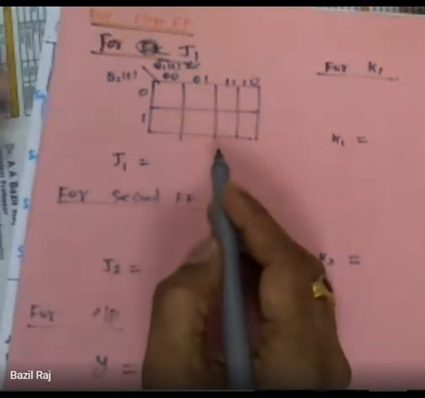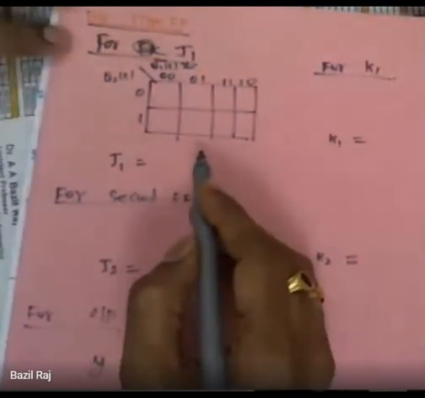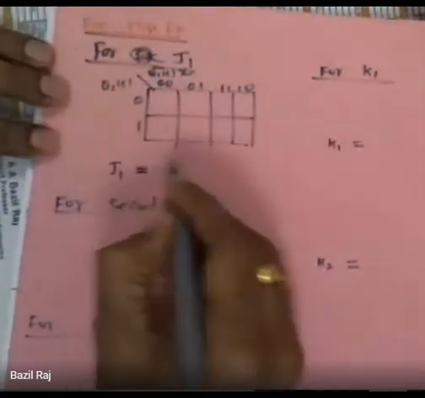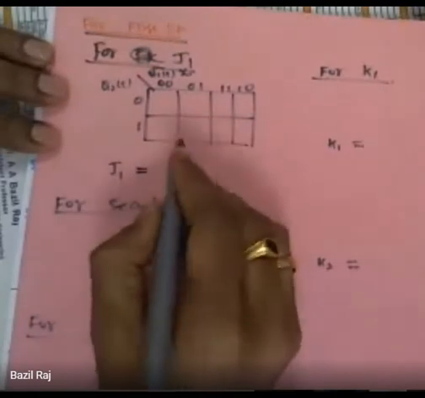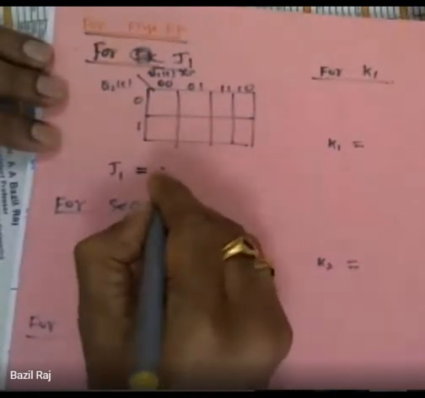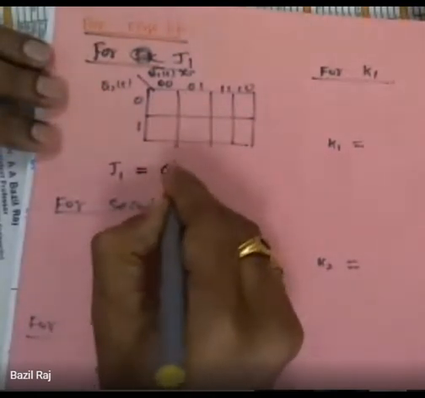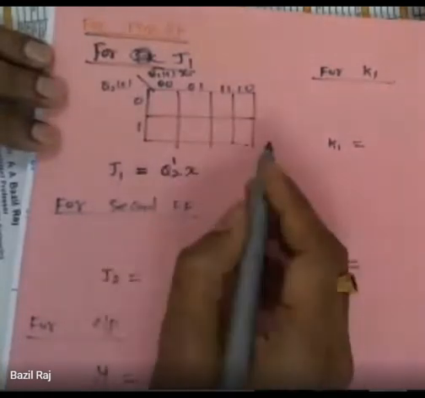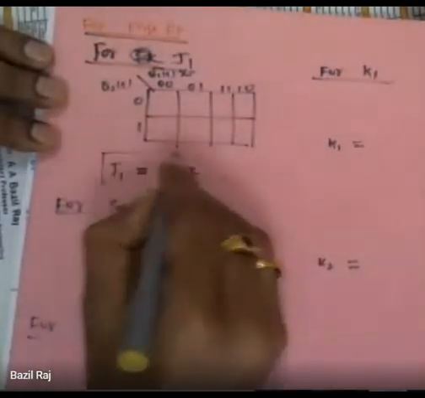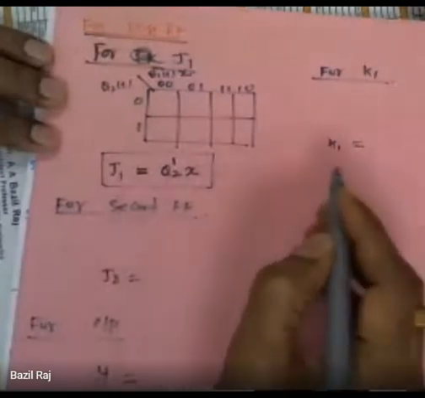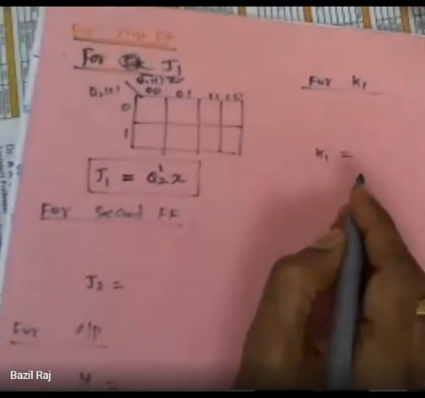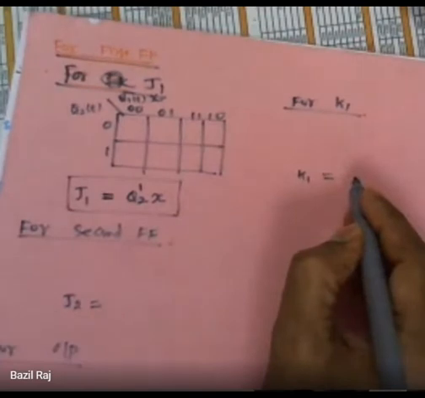Okay, tell me the J1 equation. J1 is equal to Q2 complement X, Q2 bar X. Is it correct? K1, what is K1?